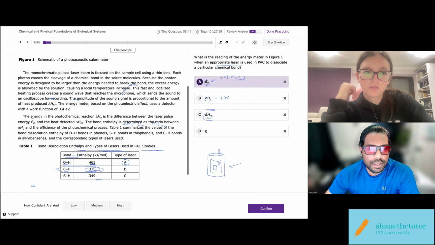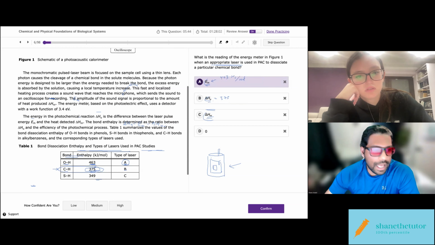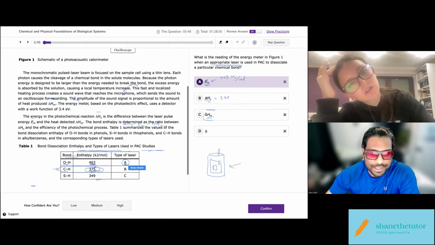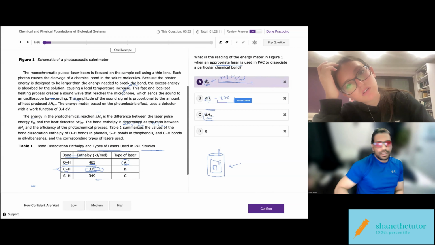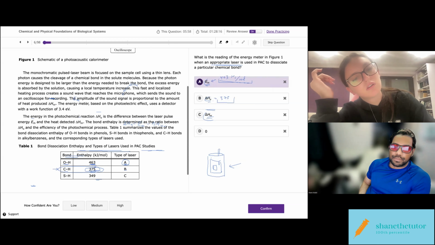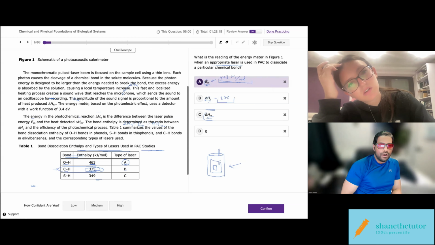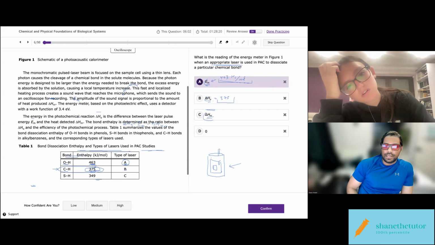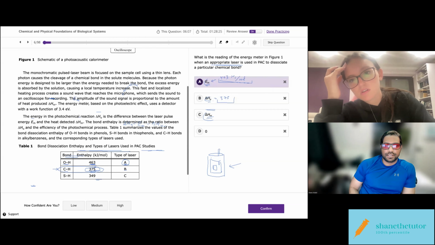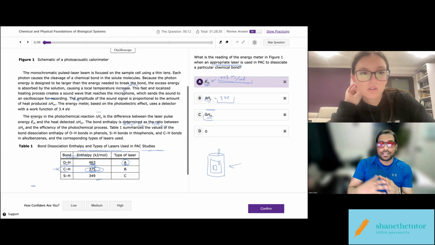So if we have a laser that is this powerful and it only takes this much energy to break one of the chemical bonds, like for the CH bond, that means we have an awful lot of extra energy that isn't from that localized heating process, but because it's light energy that isn't getting absorbed, right?